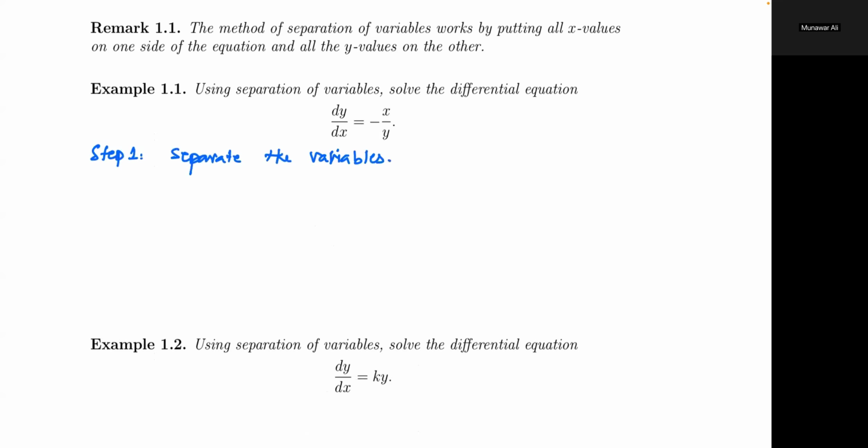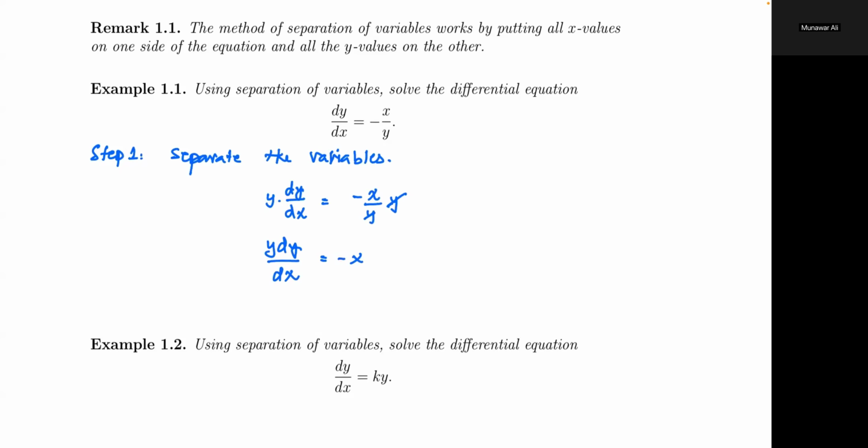And how to do this? If you take this differential equation, negative x over y, and you multiply y on both sides, you can see this y is cancelled and you are left with y dy over dx is equal to negative x.